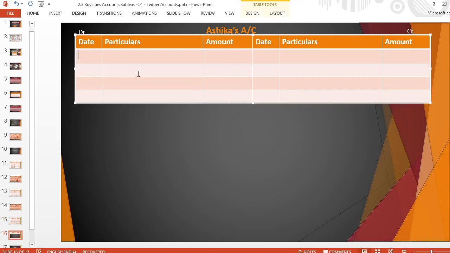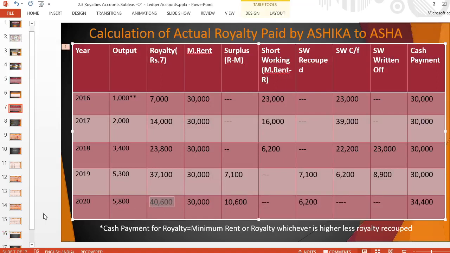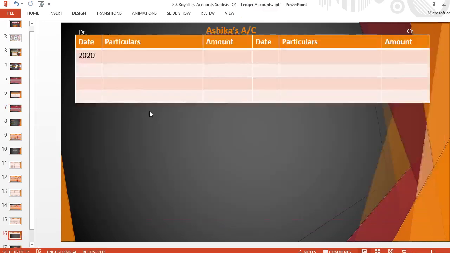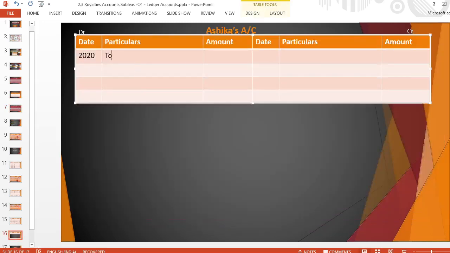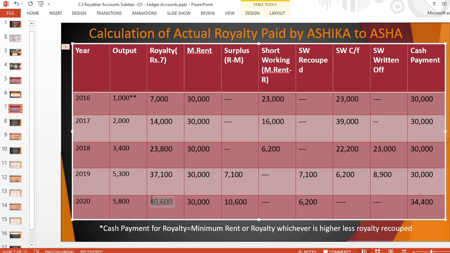And in the year 2020, again we can check only the royalty is due, there is no short working. So 40,600 royalty is due. So the entry is to royalty receivable account. Royalty receivables account, the royalty due is 40,600.